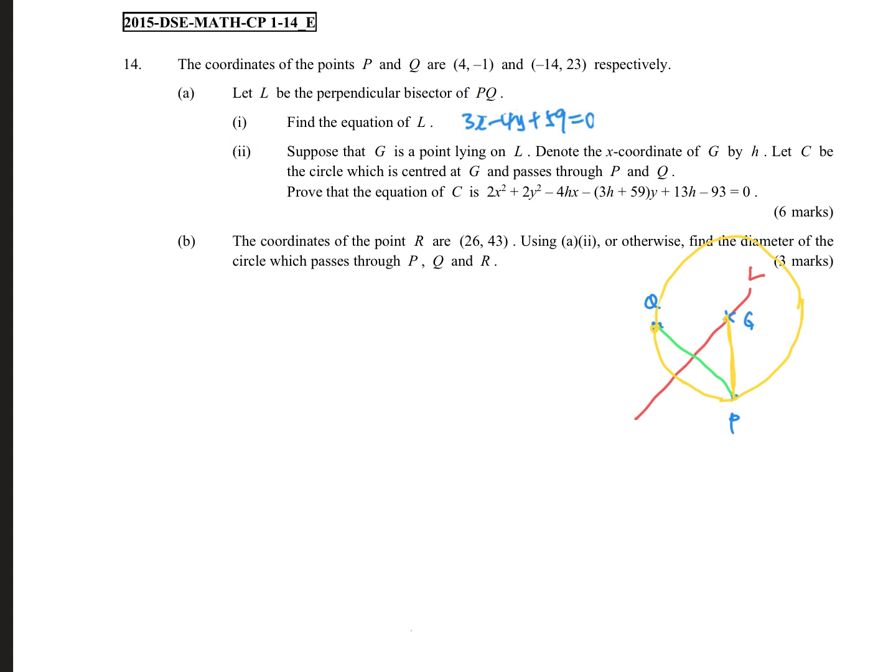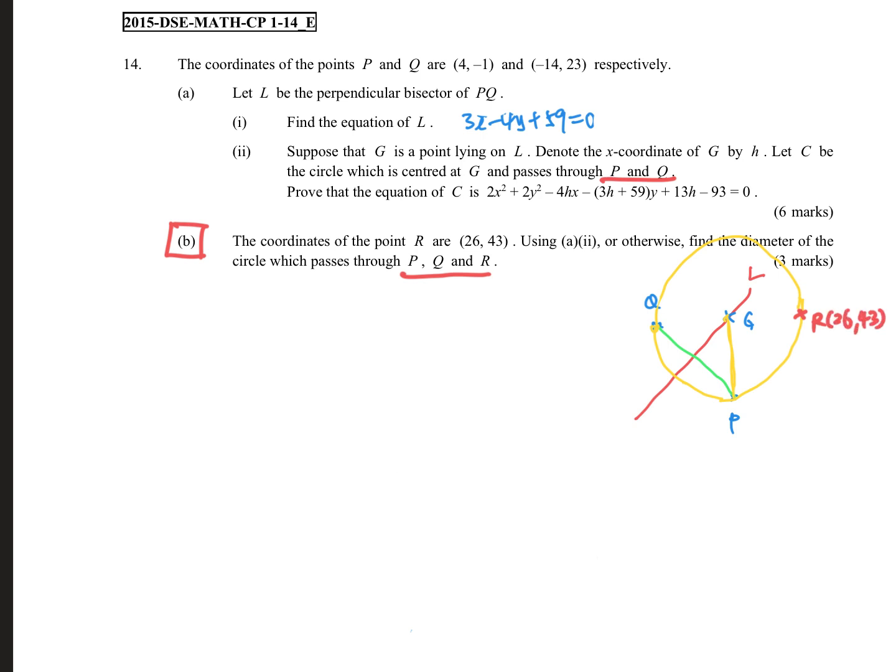So now we are in part B. The coordinates of the point R will be (26, 43). Find the diameter of the circle which passes through P and Q, not this time, and also R. So R will be here. R is (26, 43).